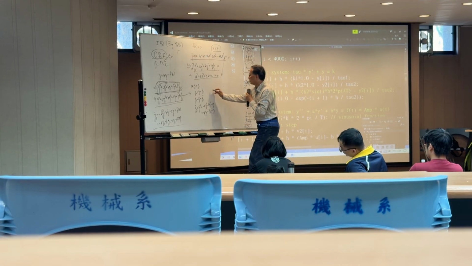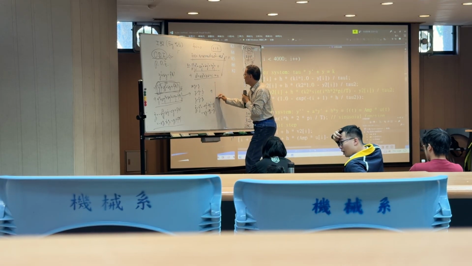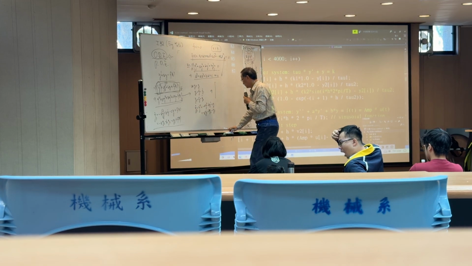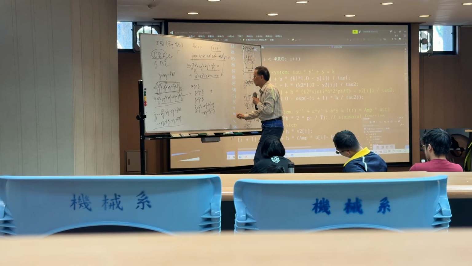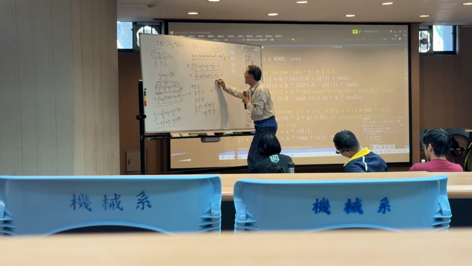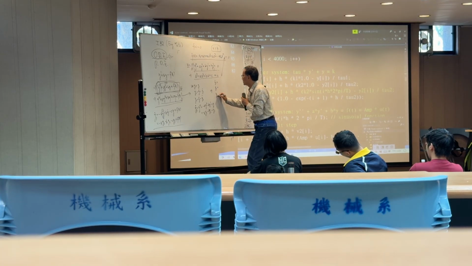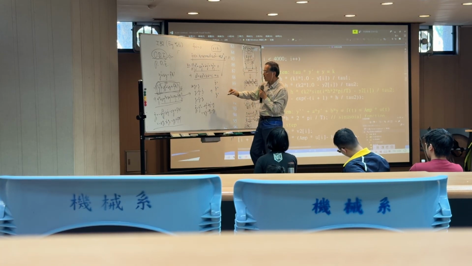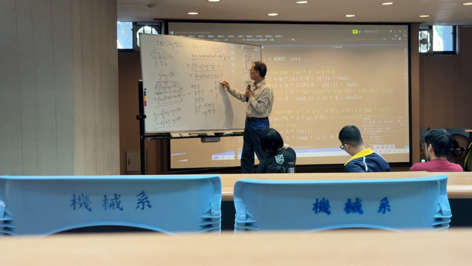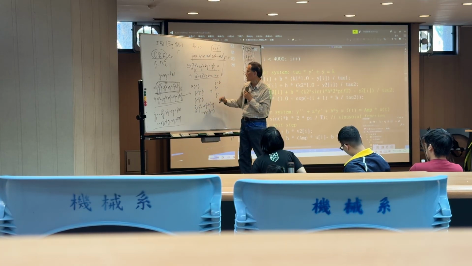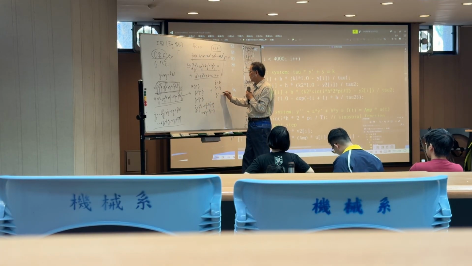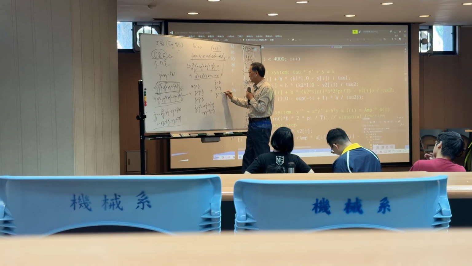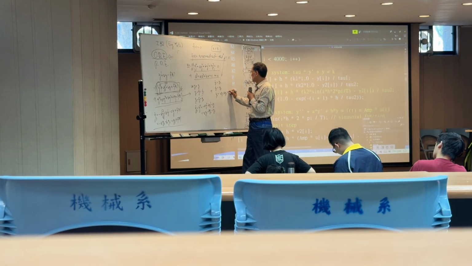So from here, we actually have y1 dot equals y2, y2 dot equals y3, and y3 dot equals minus a y3 minus b y2 minus c y1, right?